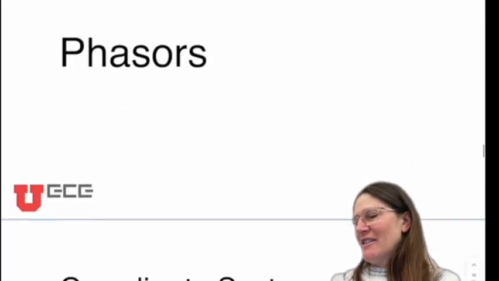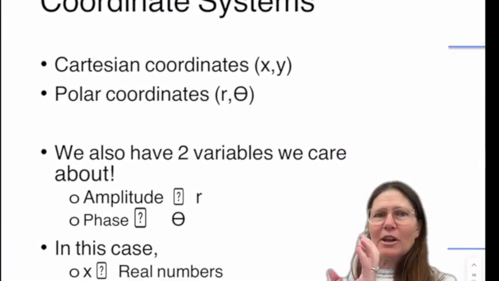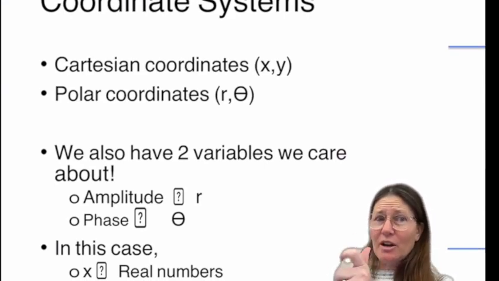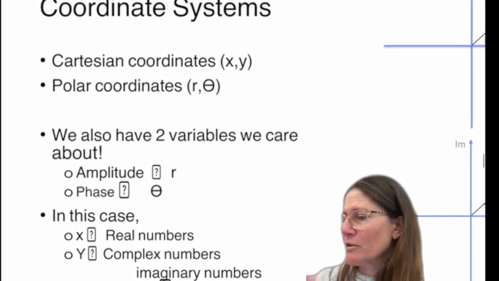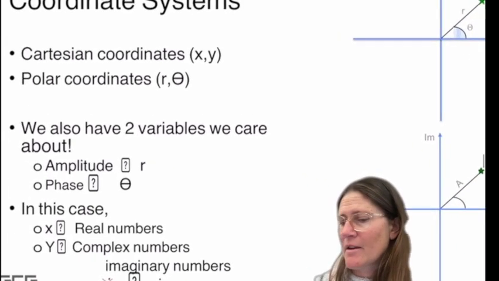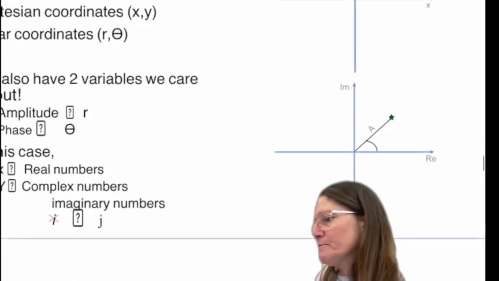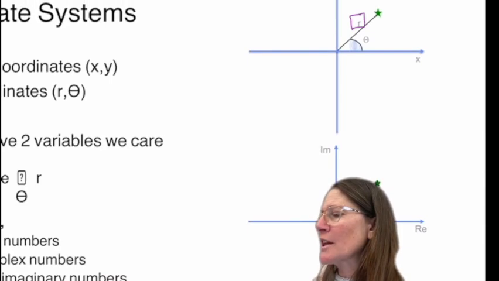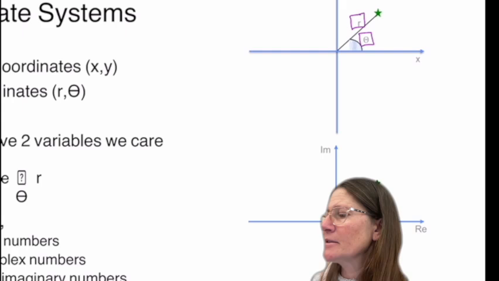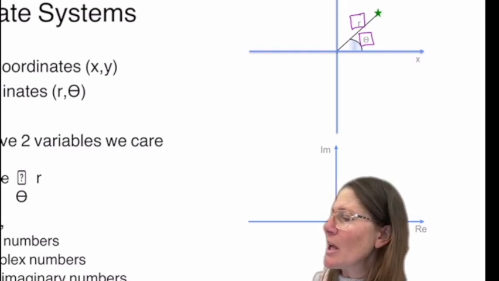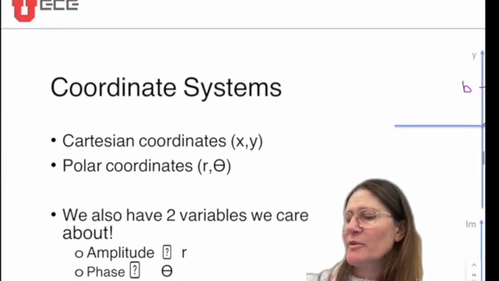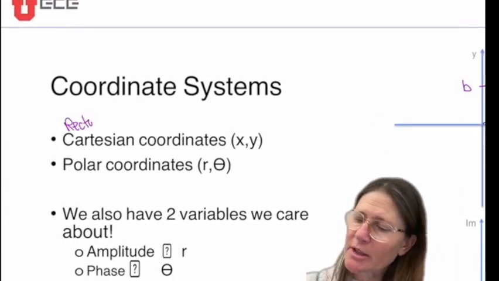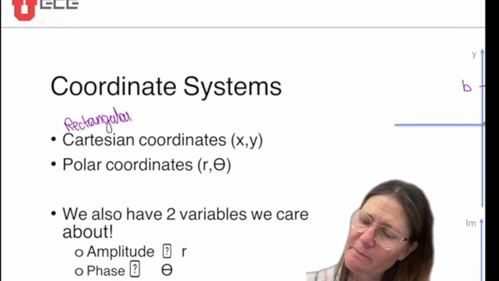So, all right. We already talked about Cartesian coordinates or polar coordinates and rectangular coordinates. So for the polar, we really want the magnitude, and then in rectangular form, you'll see rectangular or Cartesian.